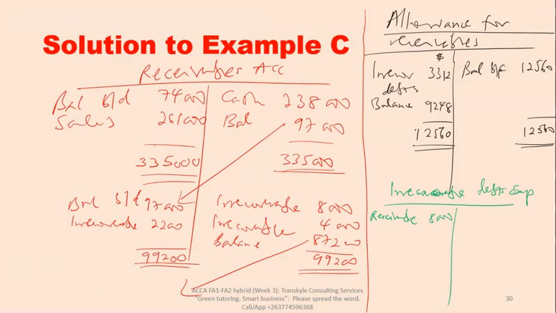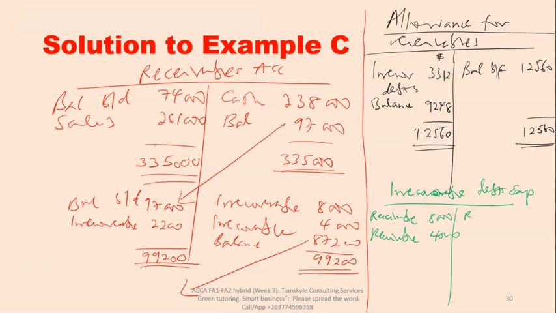Receivable again, Ringer, that's 4,000. Then there is also a recoverable one.